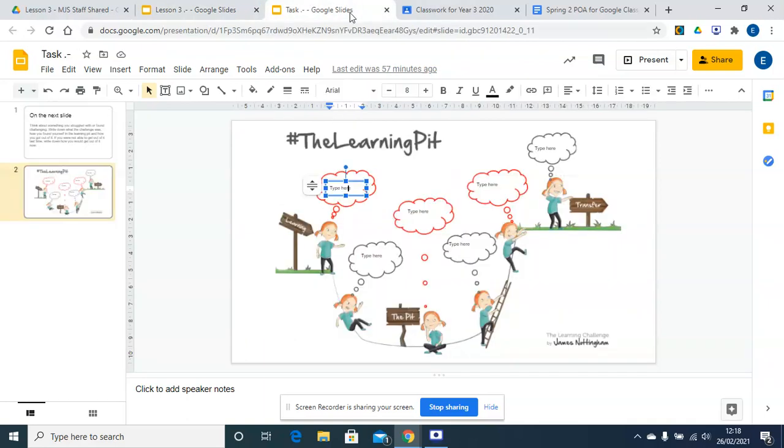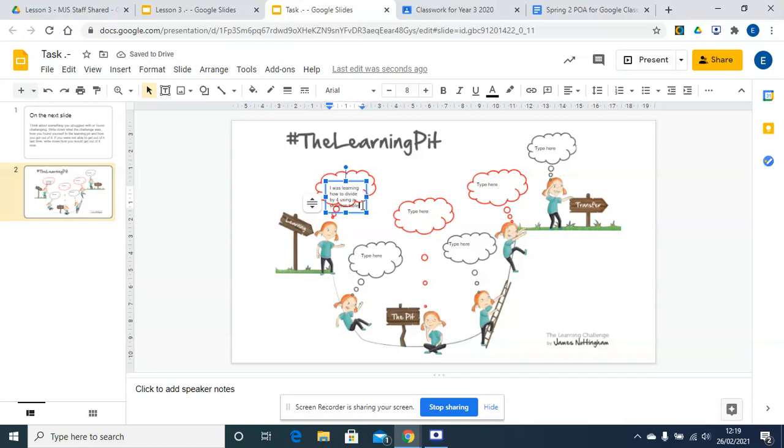Now, the first stage is what is it you were learning? So, for example, I'm going to say, I was learning how to divide by 4 using a skeleton table.